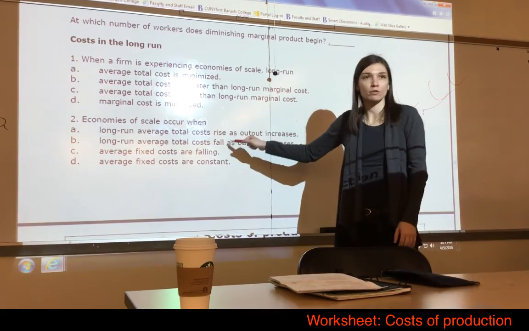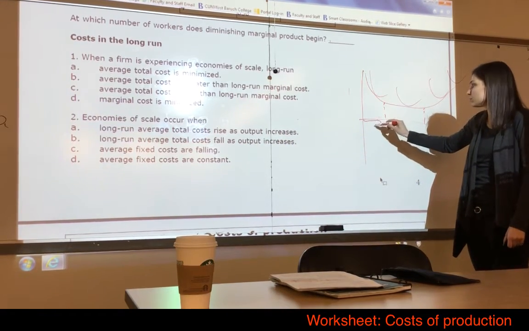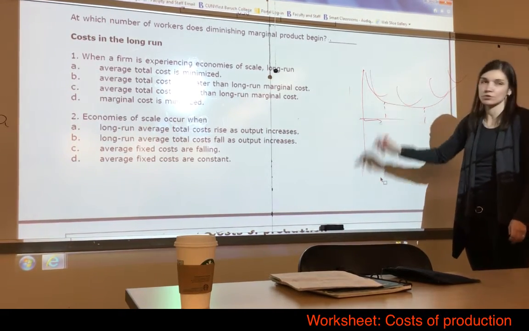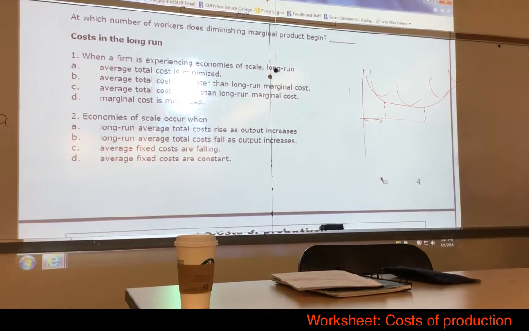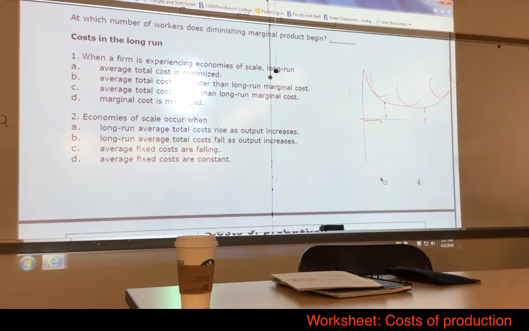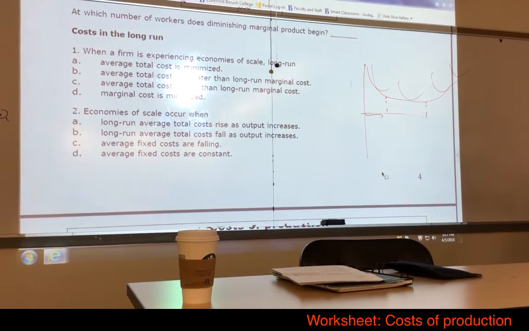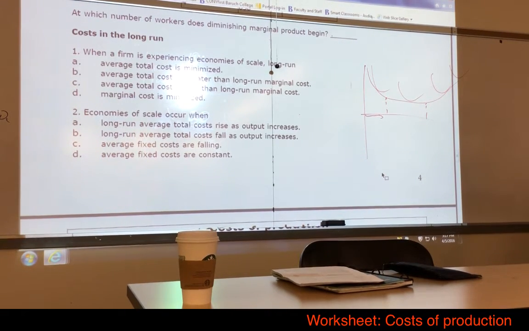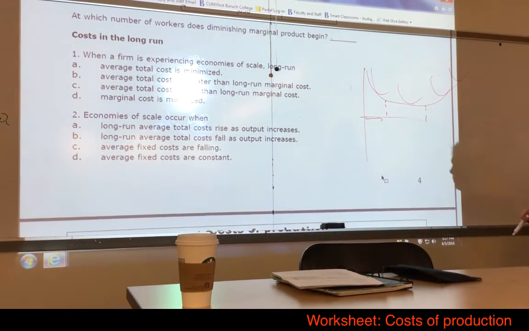Long run average total cost falls as output increases. Basically it means as we increase output, the average total cost falls. And what happens when you have constant returns to scale? It stays the same. And when you have diseconomies of scale, what happens with long run average total cost? It increases with output.